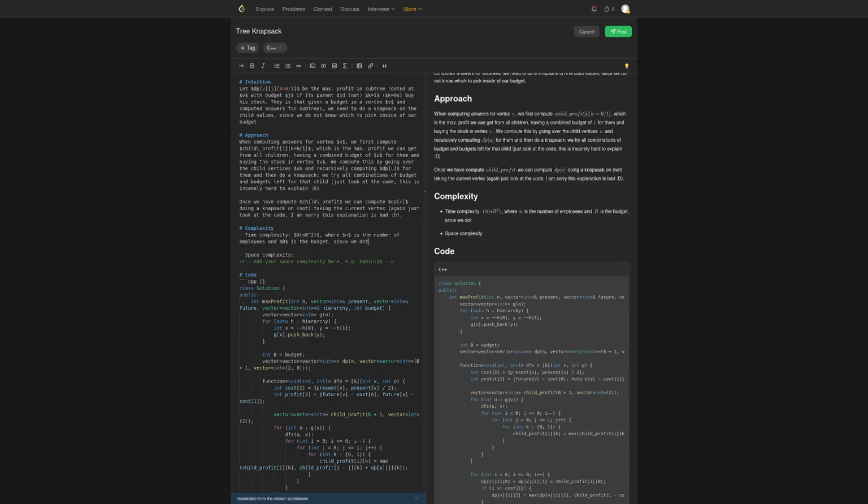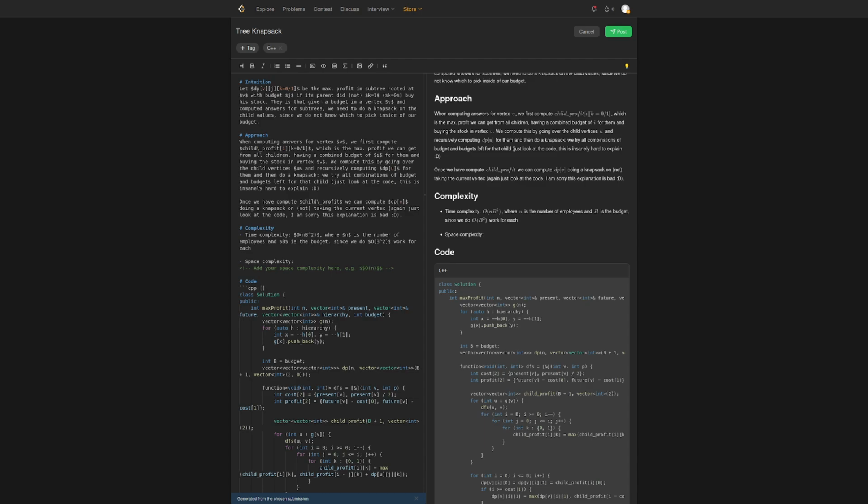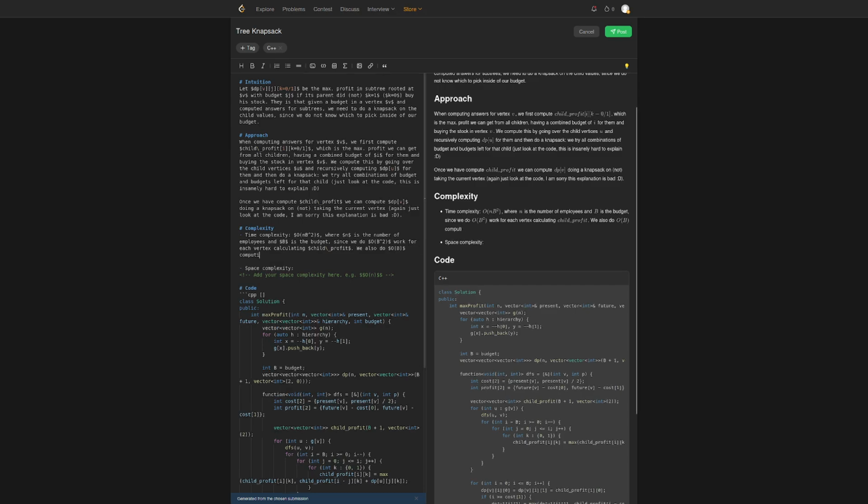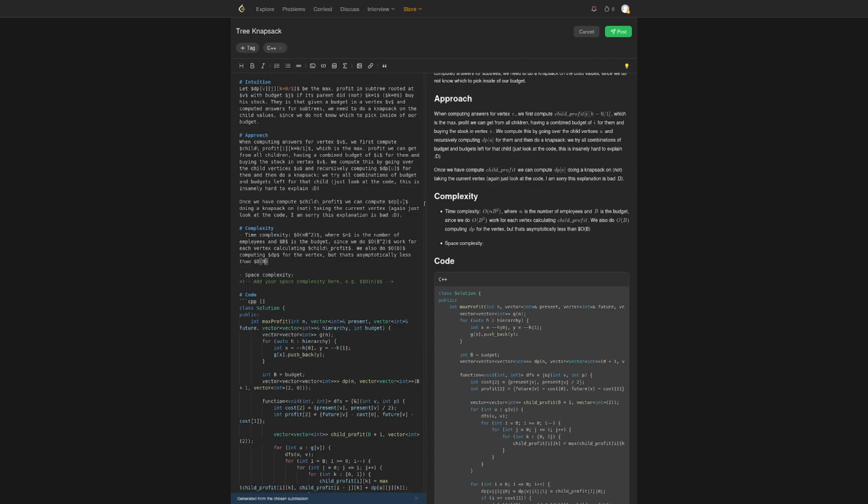We do b squared work for each vertex calculating child profit. We also do O(b) work computing DP for the vertex, but that's asymptotically less than O of b squared.